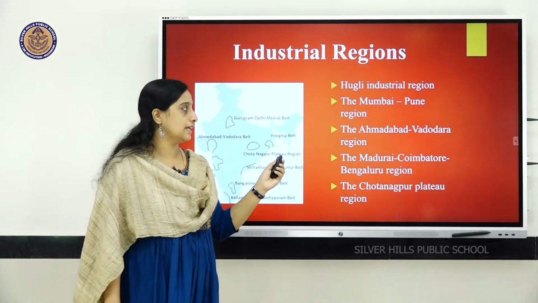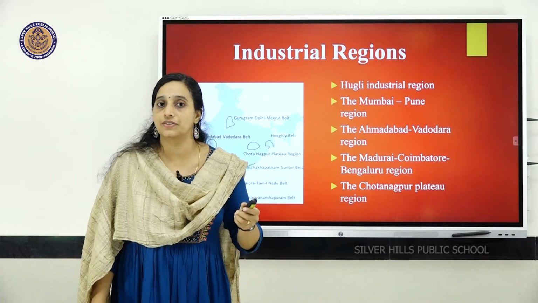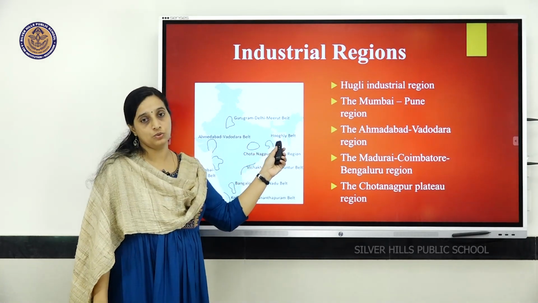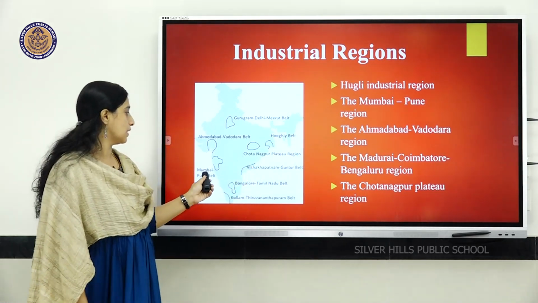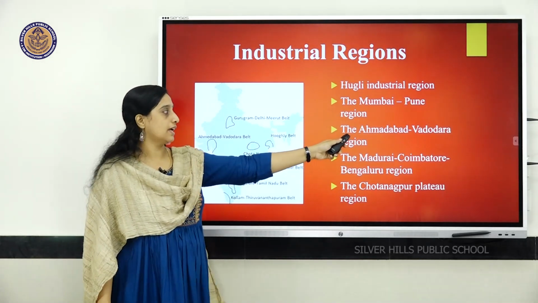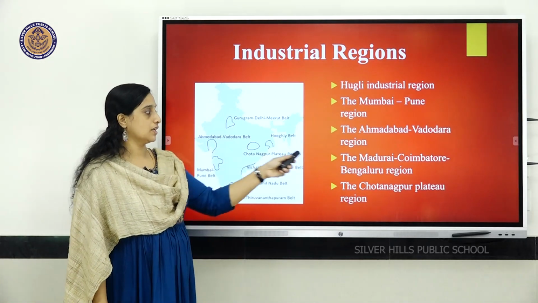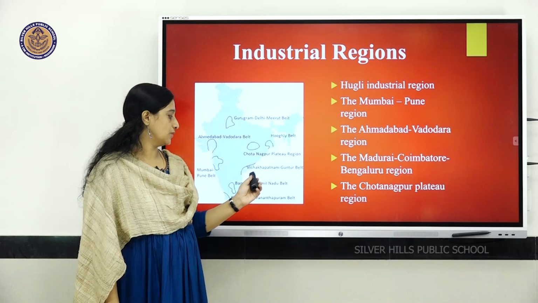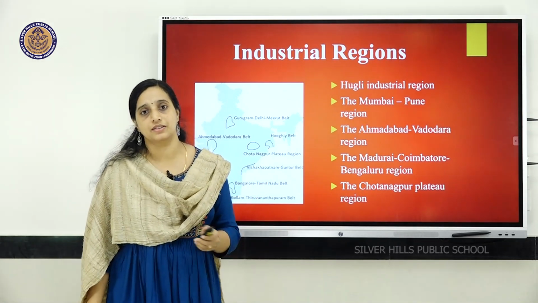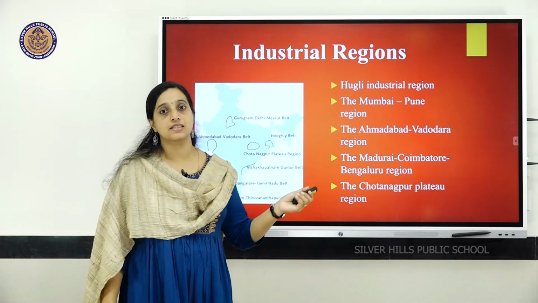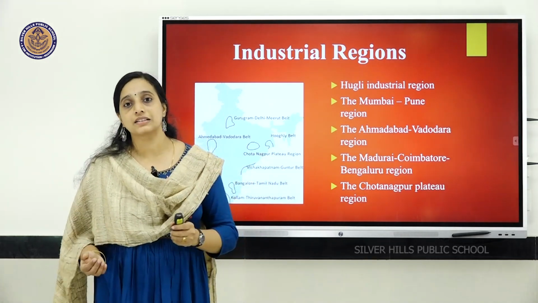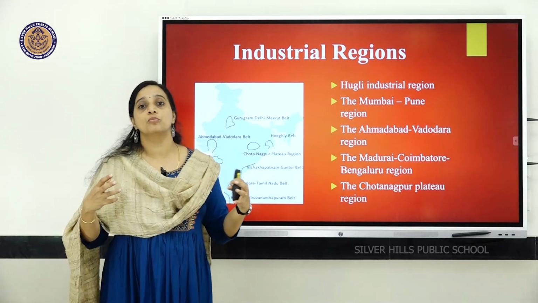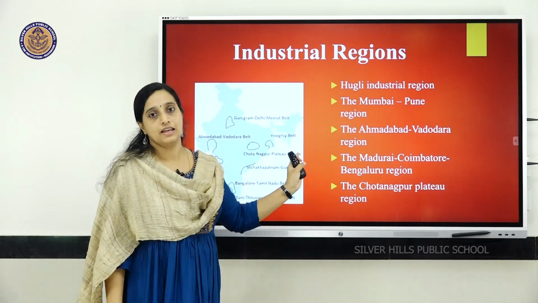In India, we have industrial regions like the Hooghly Belt, the Mumbai-Pune region, the Ahmedabad and Vadodara belt, the Madurai, Coimbatore, Bangalore region, and also Chota Nagpur, which also includes the Kollam and Trivandrum region. All these places have favorable factors to locate industry, and we find a hub or concentration of many industries in these areas.